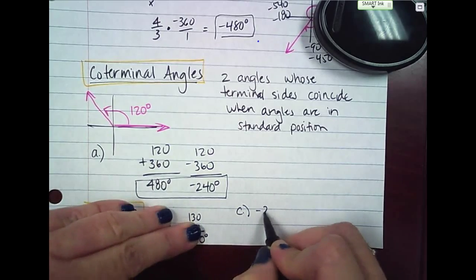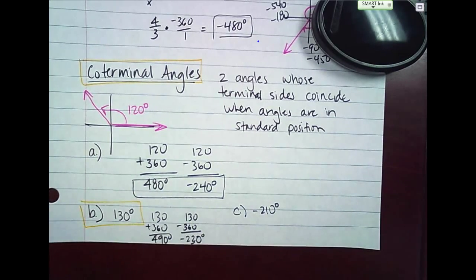Okay, try a different type. What about negative 210? Negative 210 is already negative. It's okay. Go around the positive way by adding 360, and then go around the negative way by subtracting 360.